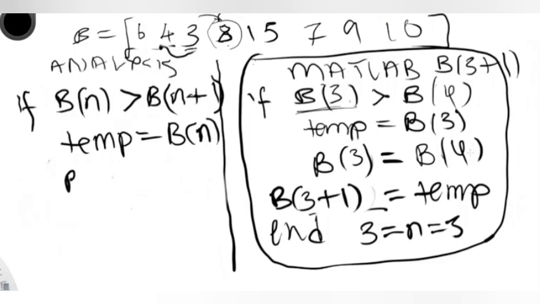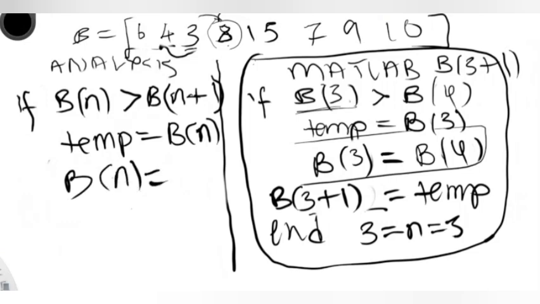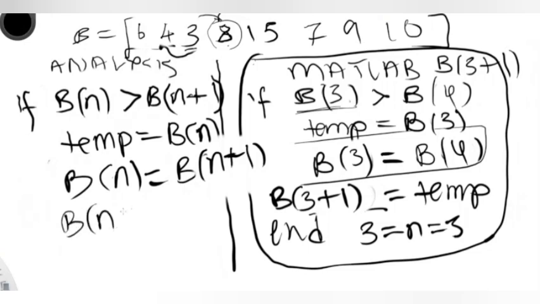Okay, it seems that I've skipped this part. Let's go back to this part. This b3 is just equal to bn. Then b4 is equal to bn plus 1. This b3 plus 1 is equal to bn plus 1, which is equal to temp.